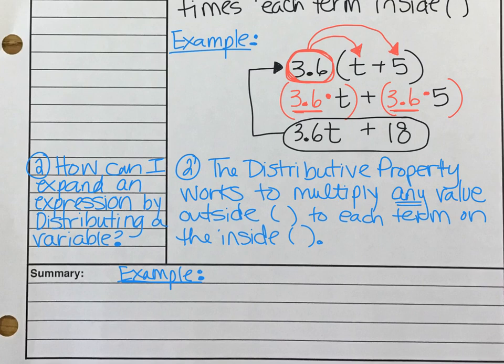Question 2. How can I expand an expression by distributing a variable? Well, the distributive property works to multiply any value outside parentheses to each term on the inside of parentheses. So let's take a look at an example to see how that works.